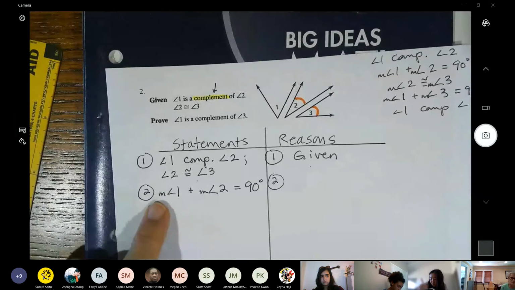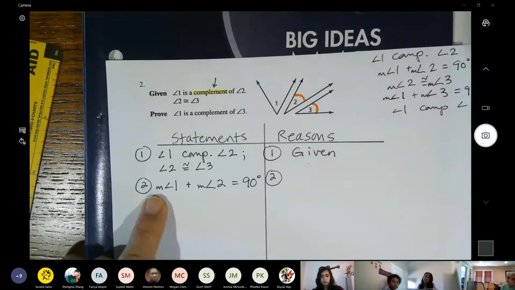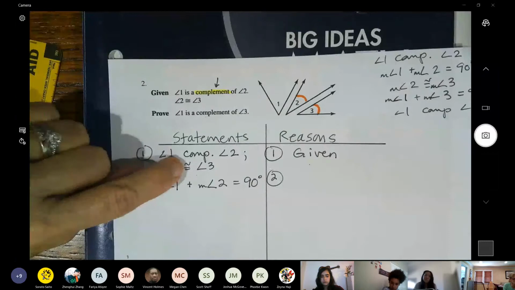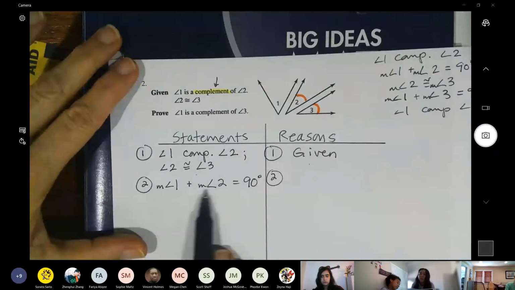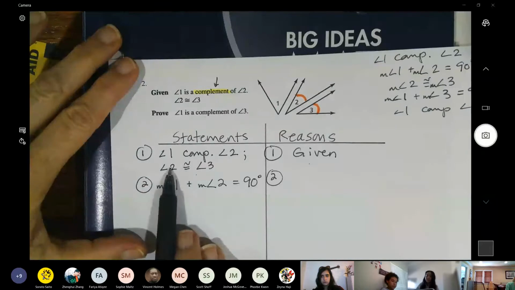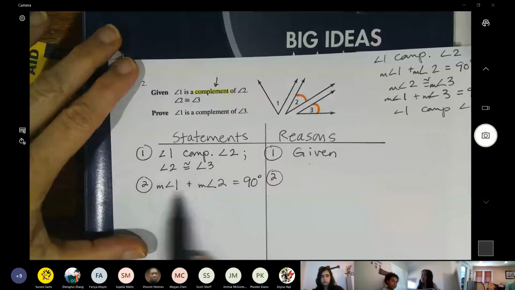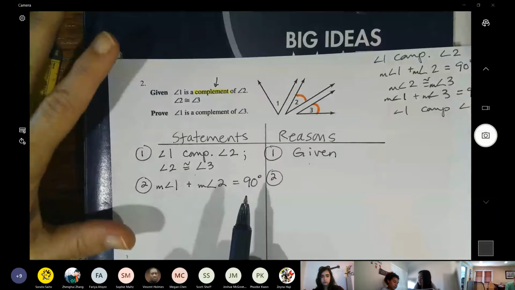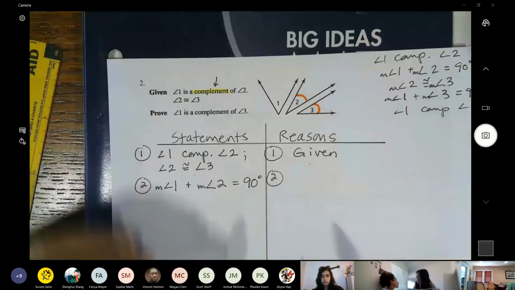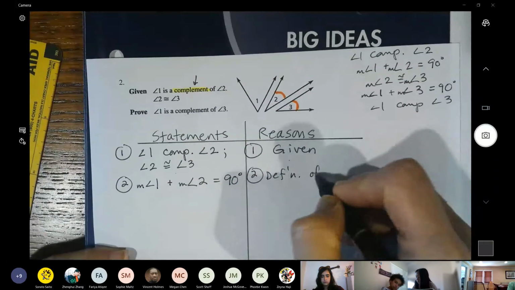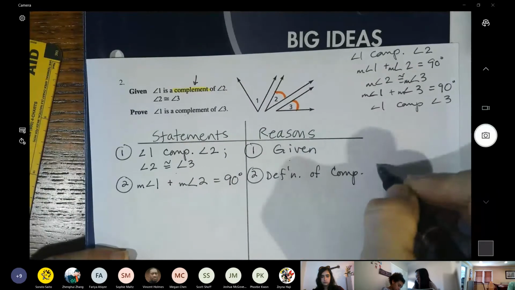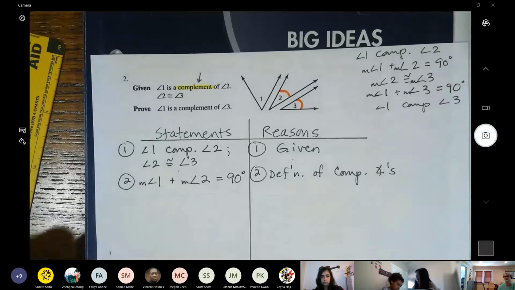Remember, when we put the M in front, that means numbers. But when it's the congruent sign, that means it's the shape. So this is a shape and this is a size. This is a picture of something and this is a number of something. So we have to do those separately. But basically, what it means is this is the definition of complementary angles. It means that we can add 2 angles together to get 90.